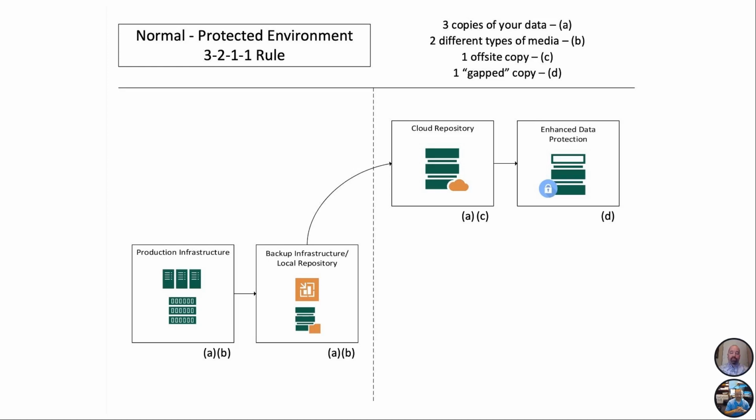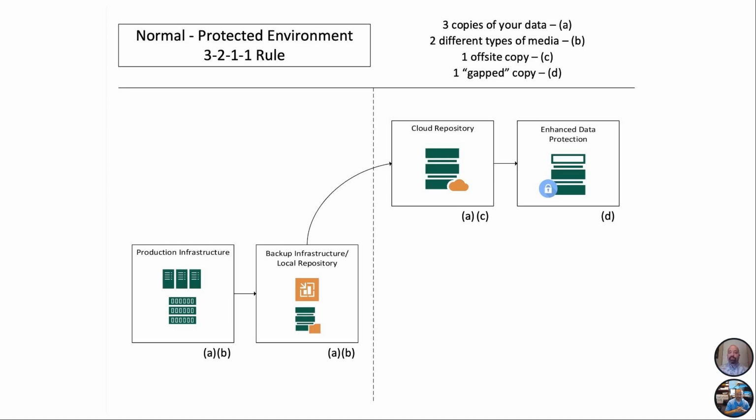So for Global Data Vault, that gap copy is going to be what we call enhanced data protection. On the customer side, you have your production infrastructure, which is backing up to a local repository. We go local repository because that's going to be your most common, fastest, most recently used copy of data in a non-disaster environment.